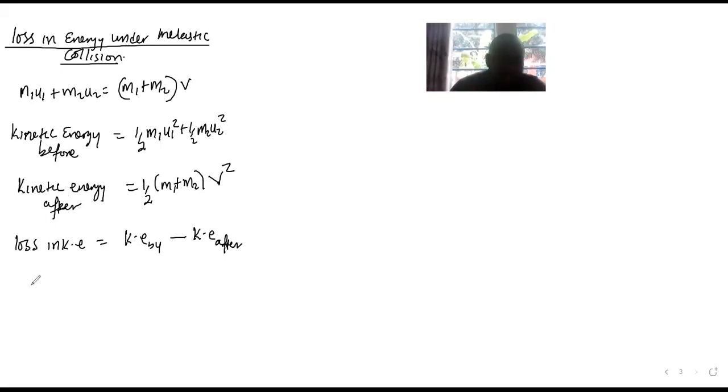With this difference, we shall realize half M1 U1 squared plus half M2 U2 squared minus half of M1 plus M2 times V squared.